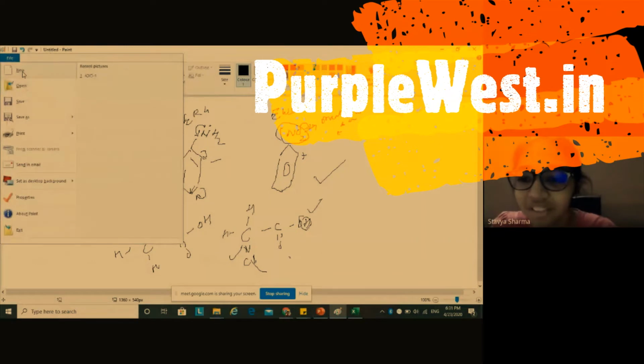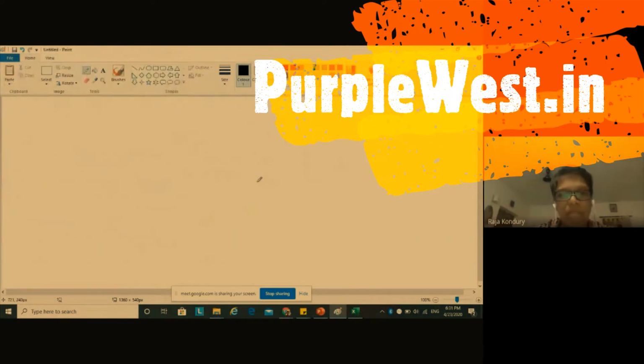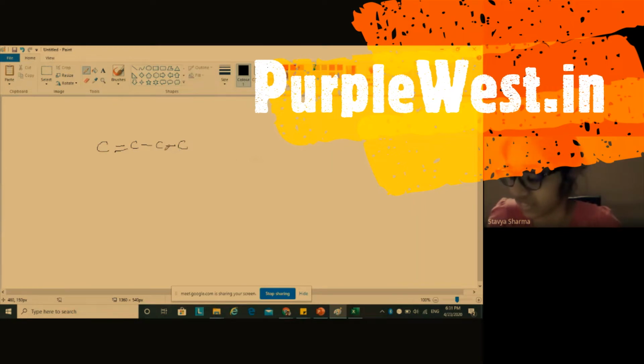Can you draw the resonating structure of this molecule? Try. Are you seeing the screen also? Would it be somewhat like this?